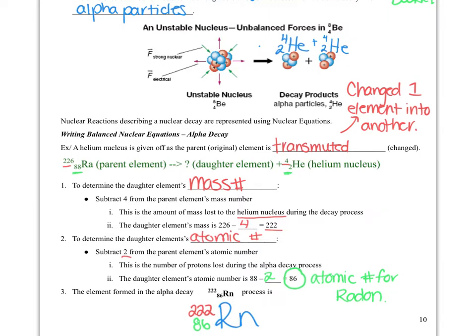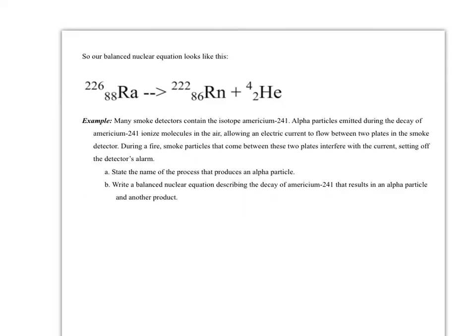So writing the full balanced equation for that is on the top of our next page here. Our balanced equation would be our parent element, radium, becoming radon and our alpha particle. Okay, so one more time, just to label, this was our parent. The daughter is what we have created.